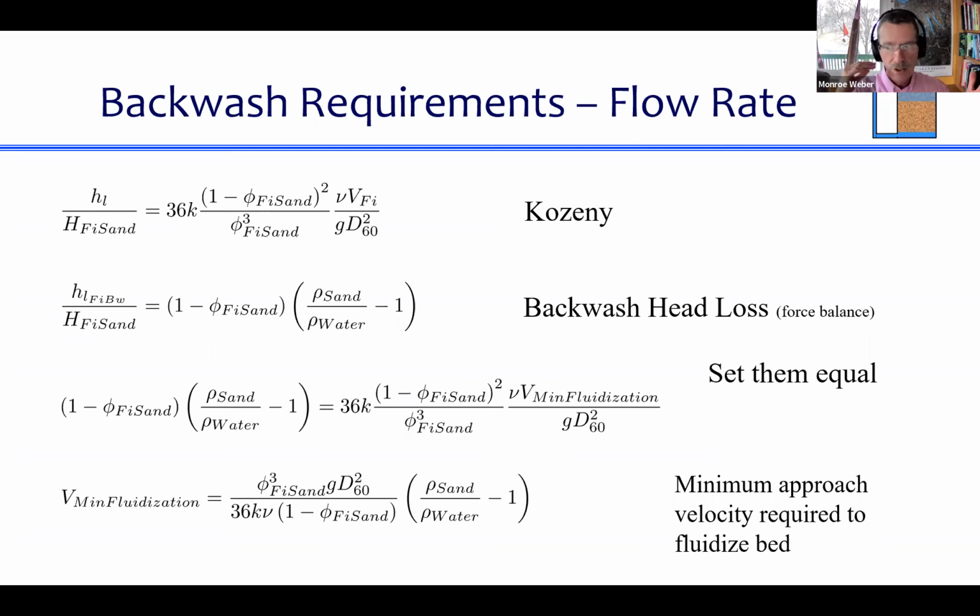And you can set those two head losses equal, and you can solve for at what velocity you get just enough head loss to fluidize the sand bed. And that's a nice equation because it gets you the minimum fluidization velocity. In order to fluidize a sand bed, you have to be applying at least that much flow. More than that, if you want to actually get that bed to expand a little bit and be a little more vigorous in its mixing.